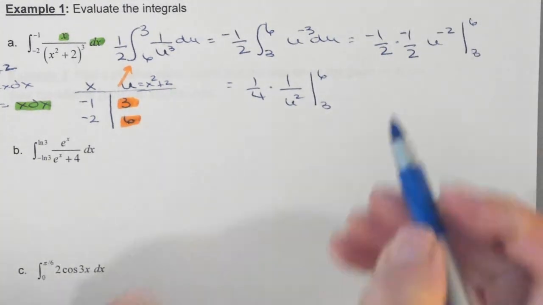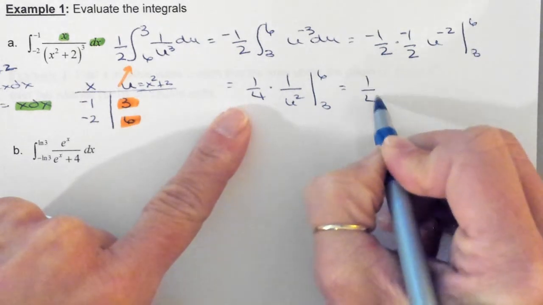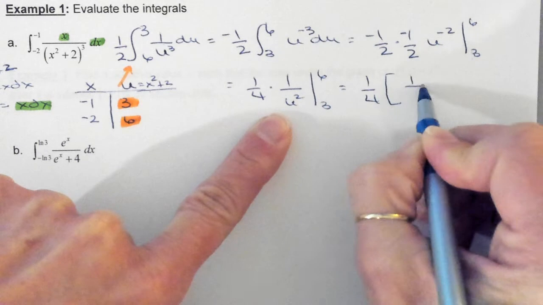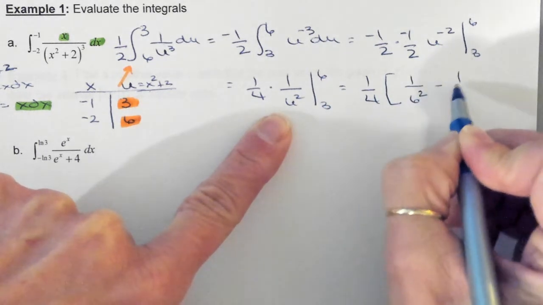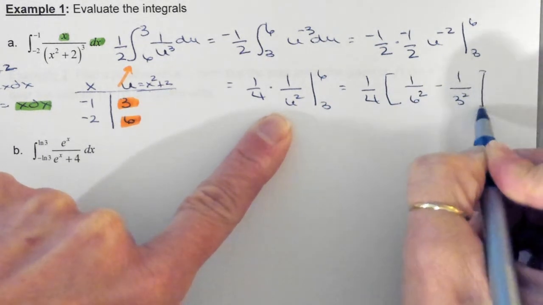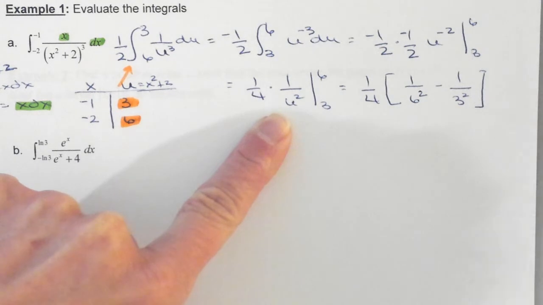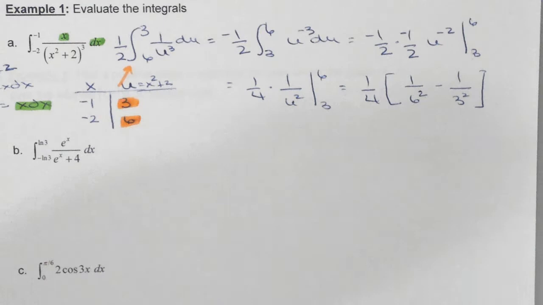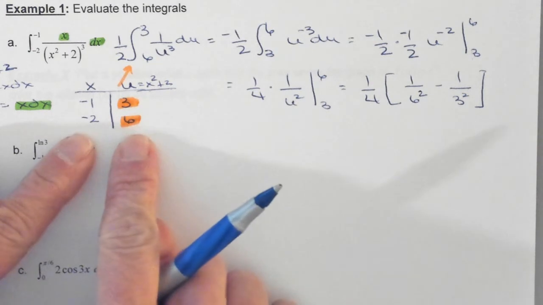So now what this is saying is, I'm going to leave this 1/4 out here because it's a coefficient. It's f of b, which is 1 over 6 squared, minus f of a. Now the reason why we can do this is we accommodated for the x squared plus 2 when we made our u sub and we created this table over here.